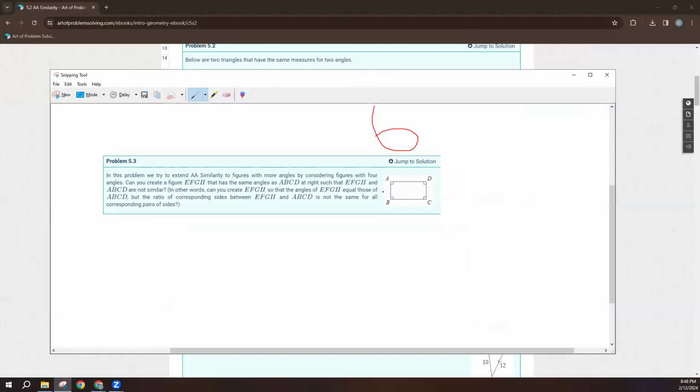So we've got this rectangle, ABCD, and you're asked to find another shape or figure. We can label it EFGH, and it will have the same angles as ABCD, but it's not going to be similar. So what's something that we can come up with that would match that criteria?